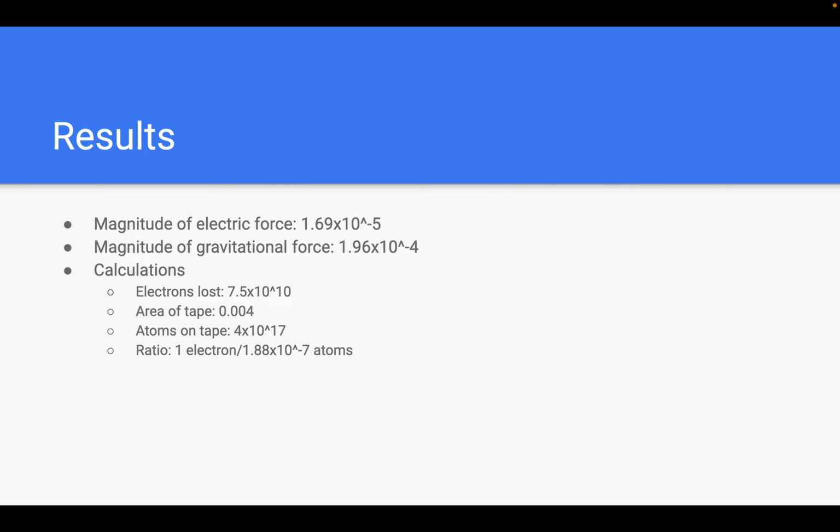With these numbers, I was able to do some calculations and showed that we lost 7.5 times 10 to the power of 10 electrons, and the total area of the tape was 0.004, I believe, meters. And then the atoms on the tape was 10 times 10 to the power of negative 17. And with these numbers, we can actually create a ratio, which would be 1 electron per 1.88 times 10 to the power of negative 7 atoms.